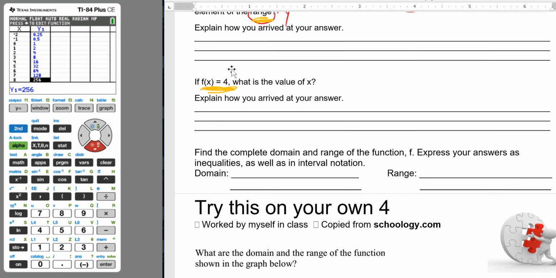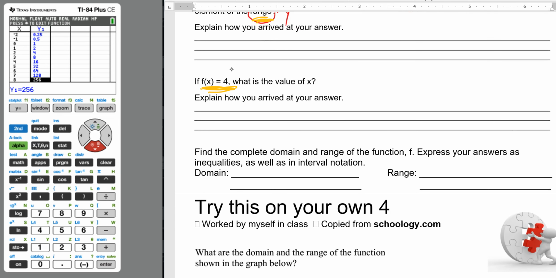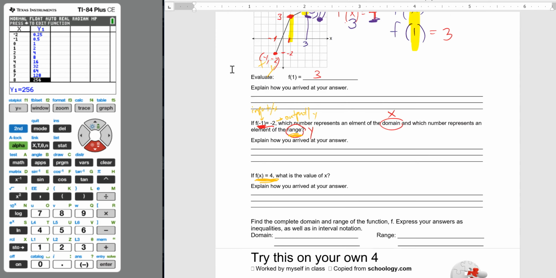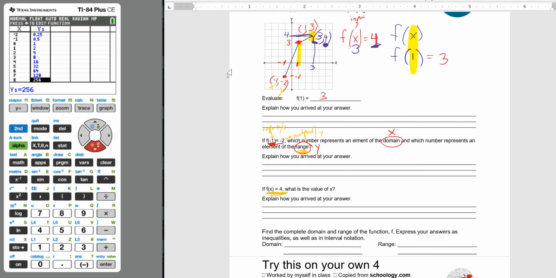Okay? The last thing we're asked for is domain and range of this function, written as an inequality and in interval notation. So I'm just going to make this a little bit smaller and erase whatever I had up here so that we can see the graph a little bit better, and we'll put together domain and range.